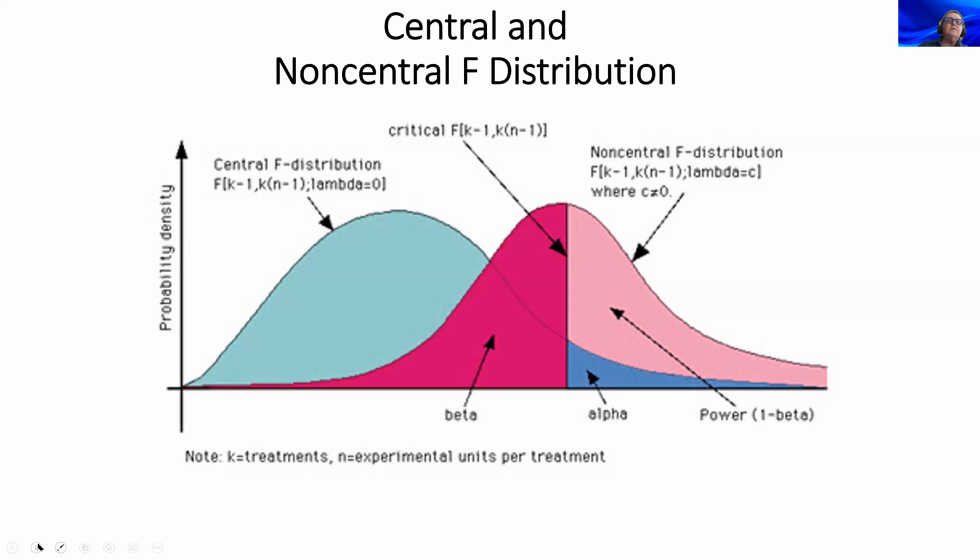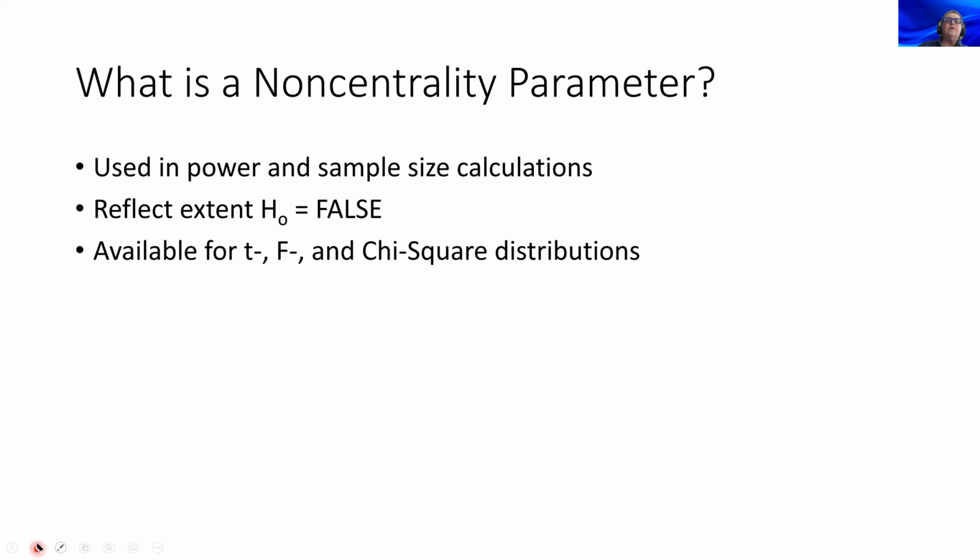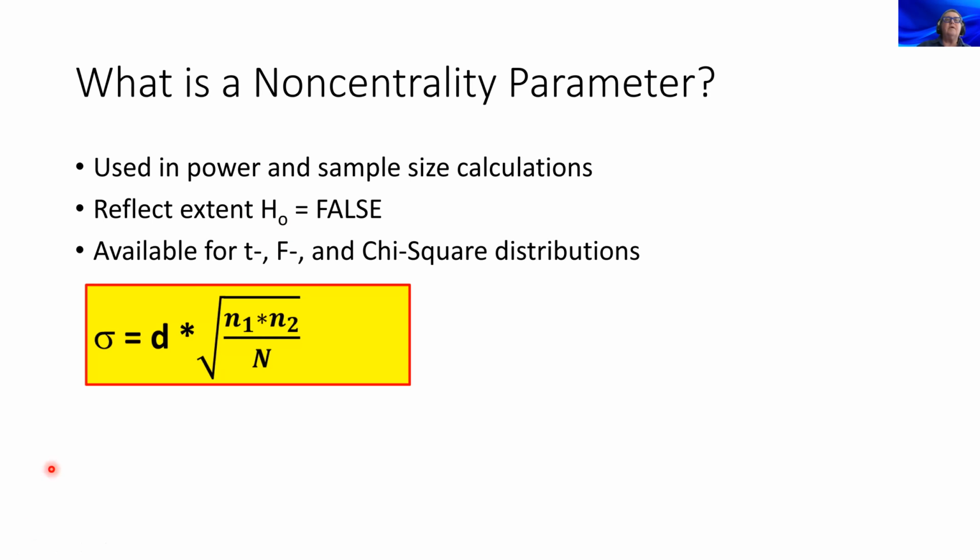We'll also note the non-centrality parameter, which you'll see especially in G*Power in some of the outputs. Well, it's going to be used in our sample size and power calculations. What it means is how much we can rely on the null hypothesis being false. And we'll see that it's available for t-tests or t distributions.